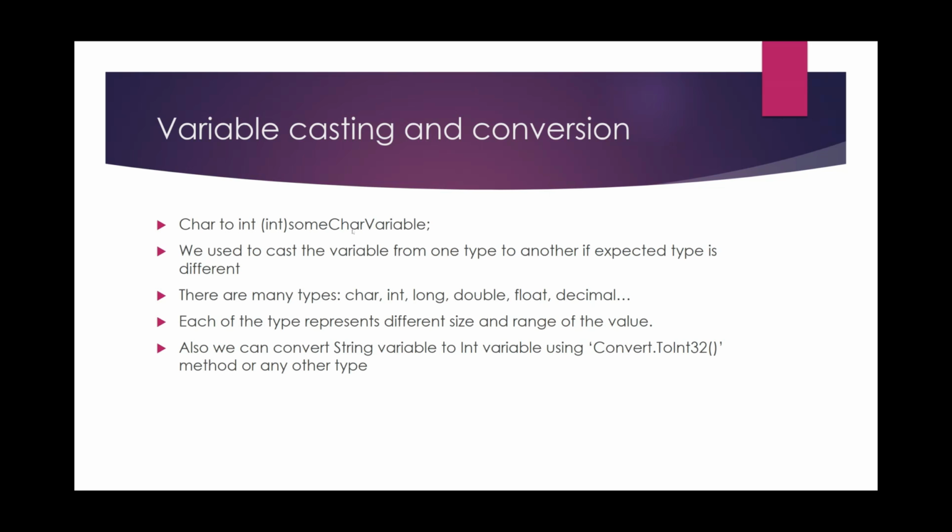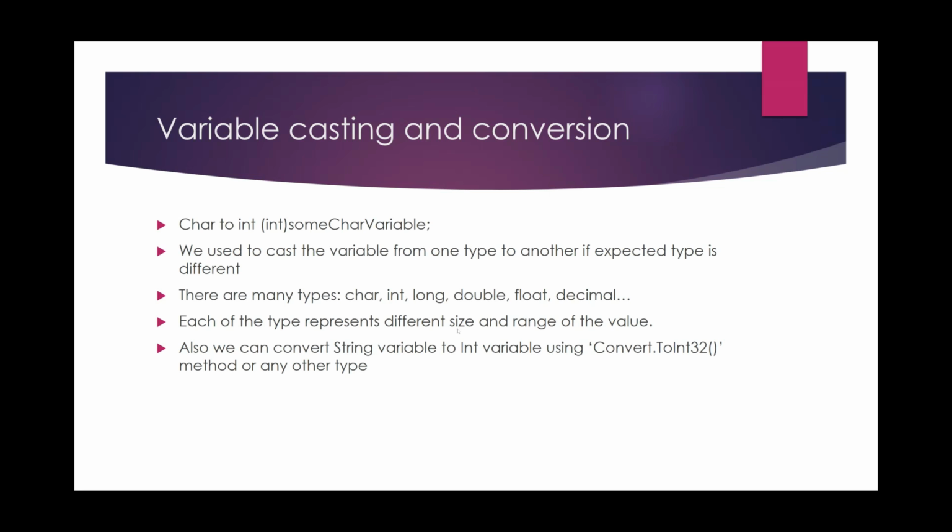There are some methods which convert from one type to another. There are many types, like char, int, long, double, float, decimal, and many more. Each of the types has a different range, and we can assign different values. It depends on our needs.